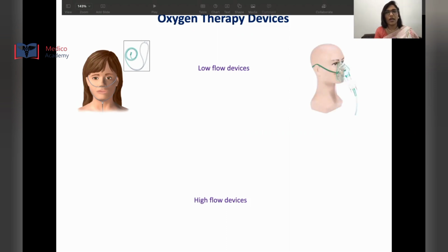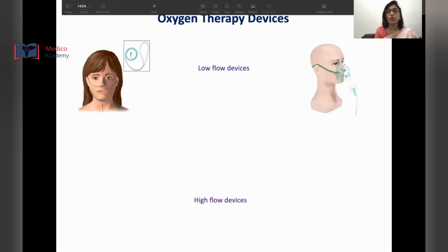This oxygen mask can be with unidirectional valves, or with a non-rebreathing valve, or with an oxygen reservoir bag, etc. But whatever it is, these are low flow devices because they utilize oxygen from the flow meter at rates of 1 to 15 or 20 liters per minute.